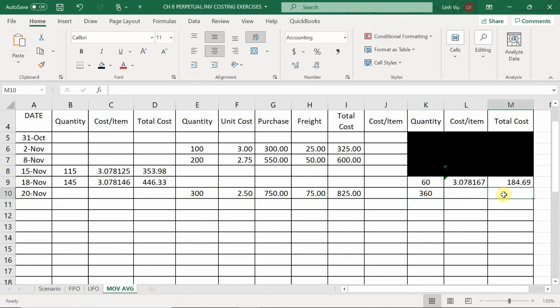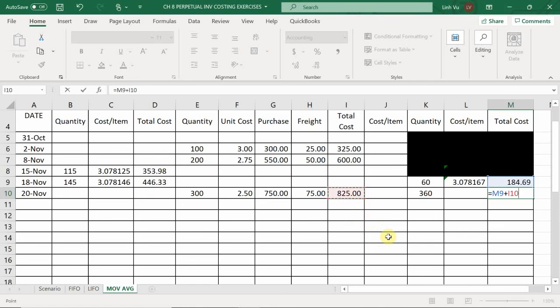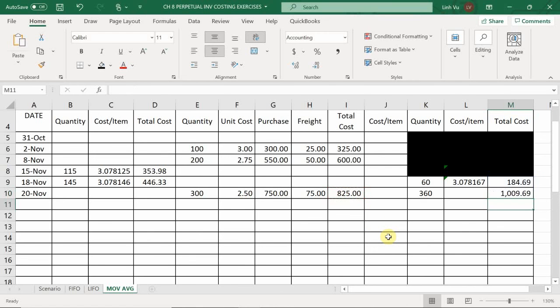And then the 184.69 plus the $825 gives us $1,009.69. Good. And divide that by the 360. So it gives us 2.8046944. Good.